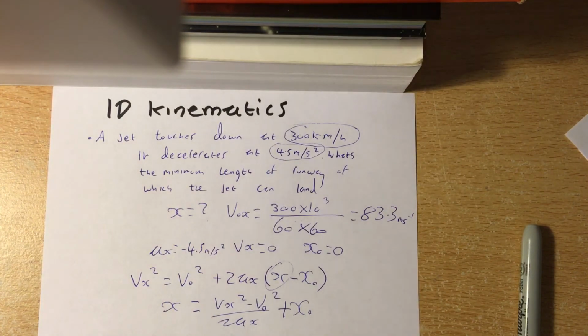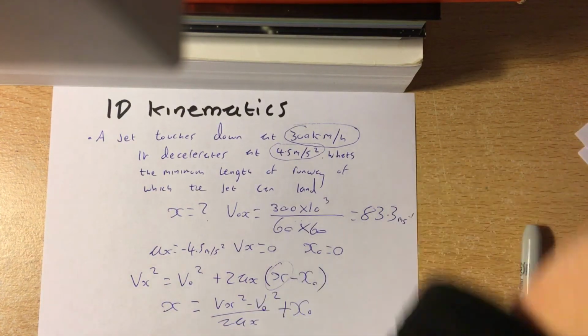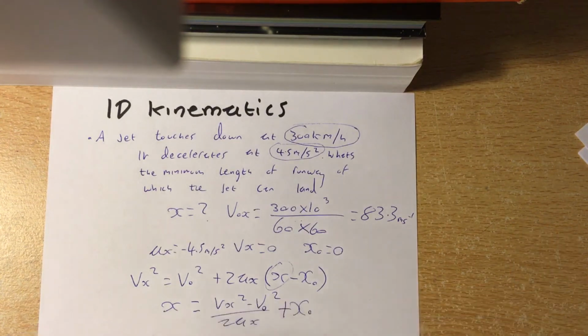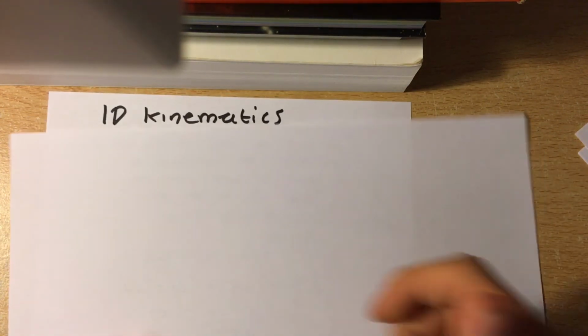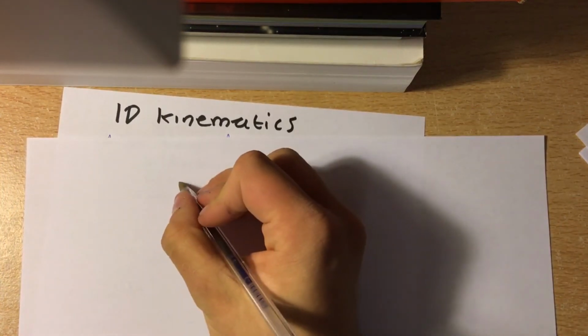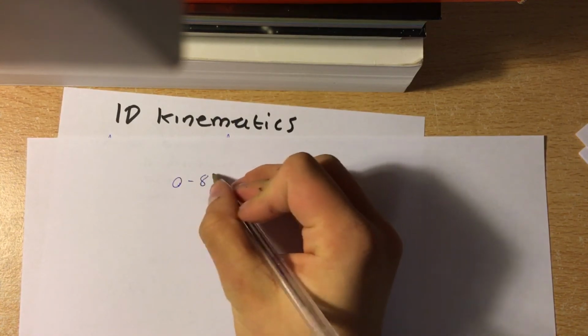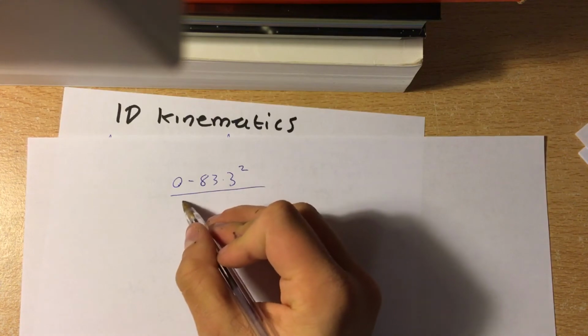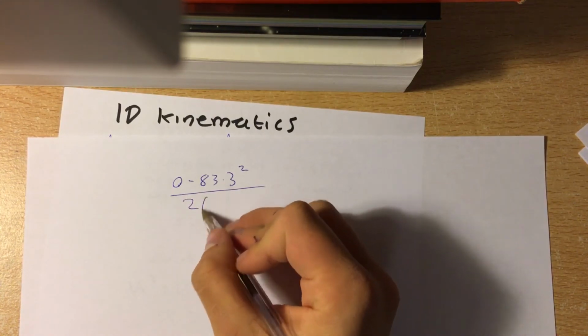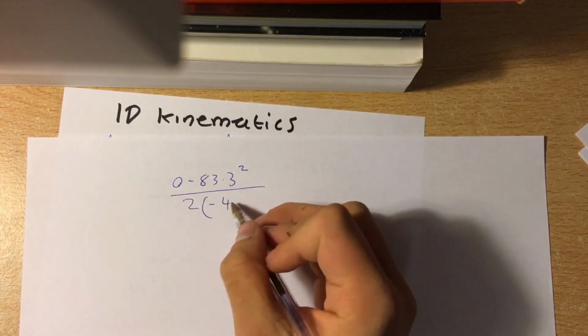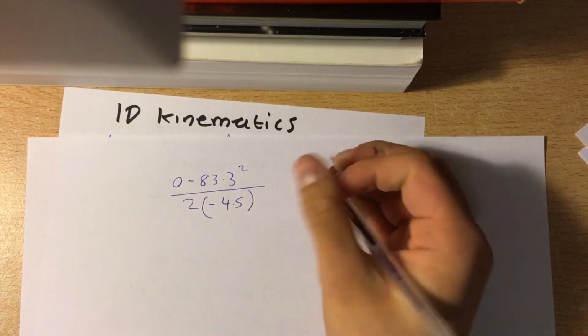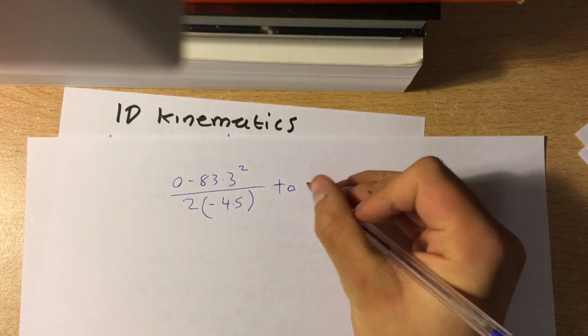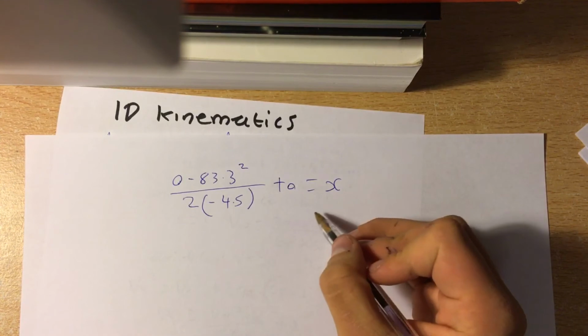And now all we have to do is plug the numbers in. So we get 0 minus 83.3 squared over 2 multiplied by minus 4.5 plus 0, and this gives us x.